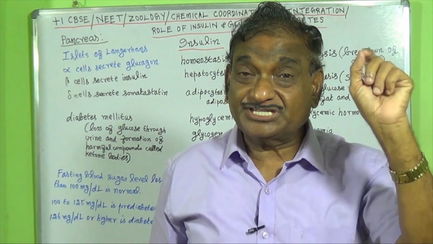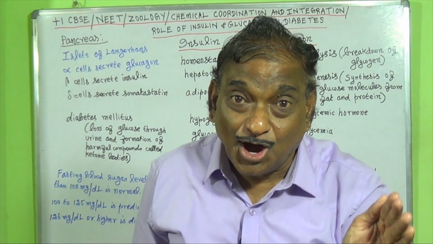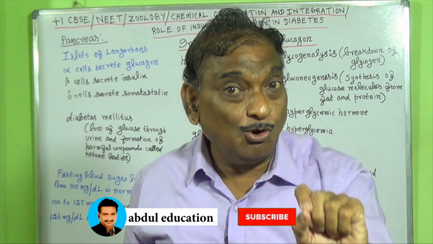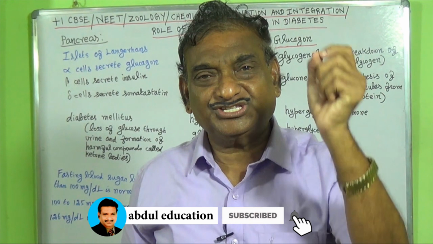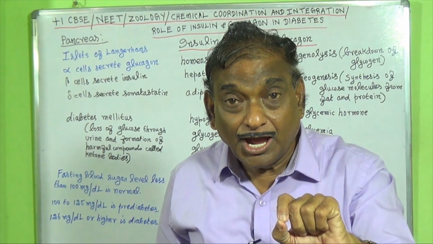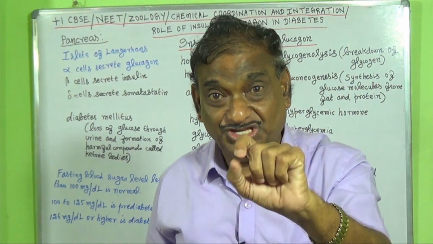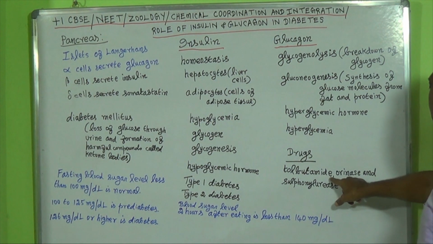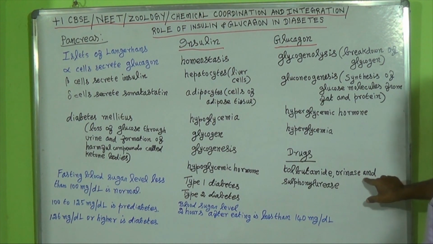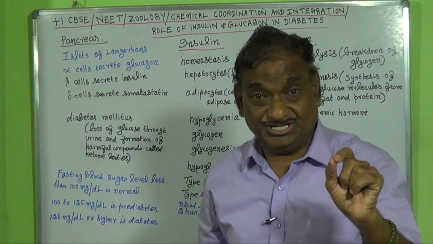The diabetes can be kept under control by the administration of insulin hormone and hypoglycemics such as tolbutamide, urinase and sulfonyl urease. These are the drugs.